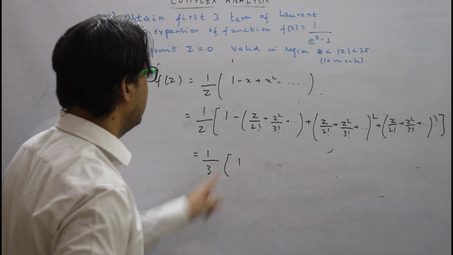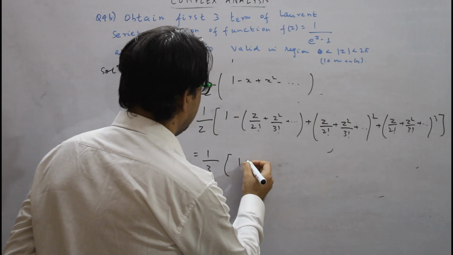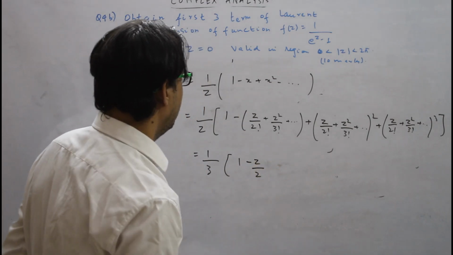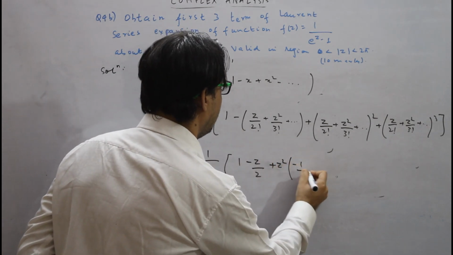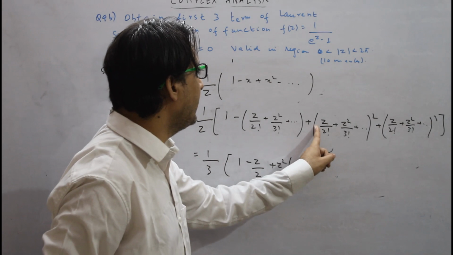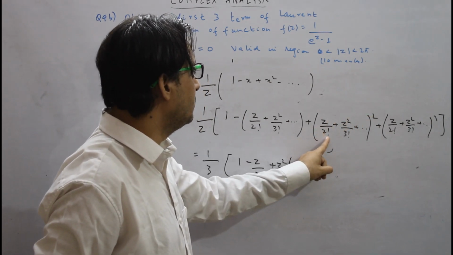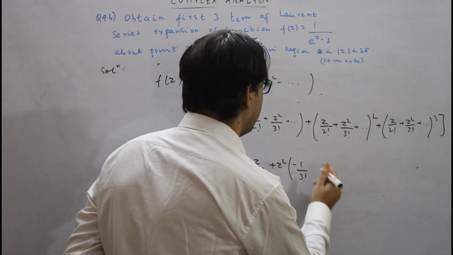First we are already getting 1 over here. Now for z terms, it is how much? Minus z by 2. Now I am going to collect the coefficient of z square. You can see over here, now I am going to square this one, z square by 2 factorial square. 2 factorial is 2, so 2 square is 4.